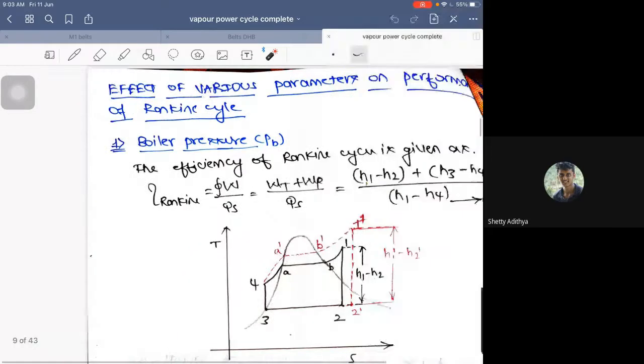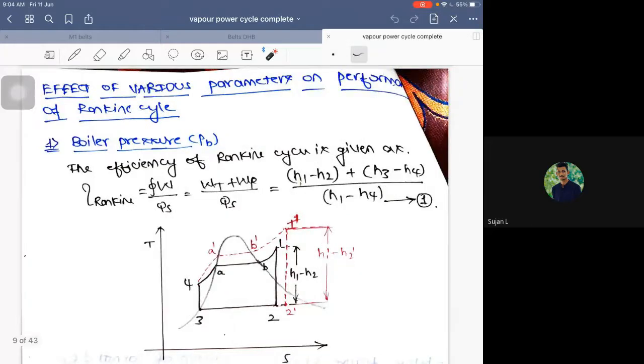No, sir. Okay. So today we will be discussing how, if I vary some of the parameters, say for example, the boiler pressure, the condenser pressure or the maximum temperature, it affects the efficiency or the work output. So that particular concept we'll be dealing with today.